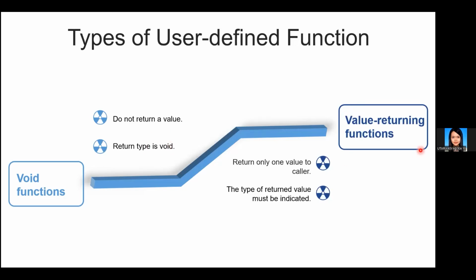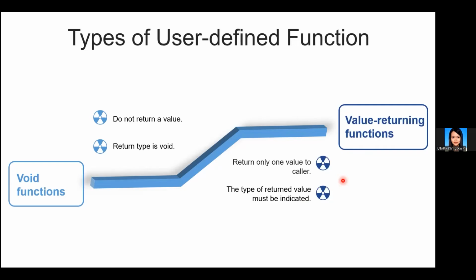And then for the second type of user-defined function, if the function is going to return a value to the function caller, of course it's going to return only one value. And then you have to indicate the type of the return value. If the function, after it does its job, returns an integer to the function caller in the main function, then you have to make sure that the return type is int.